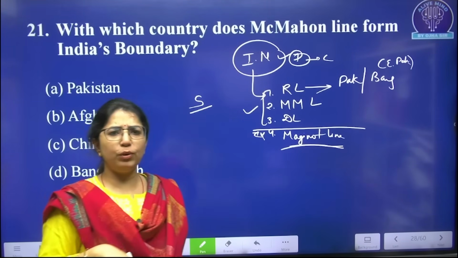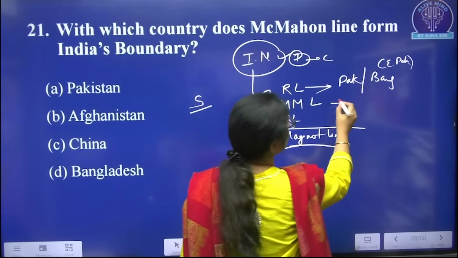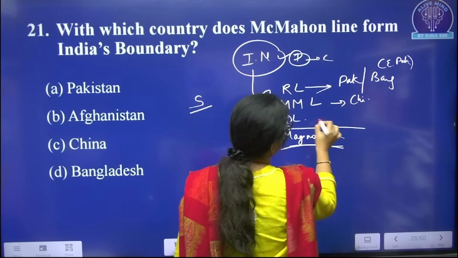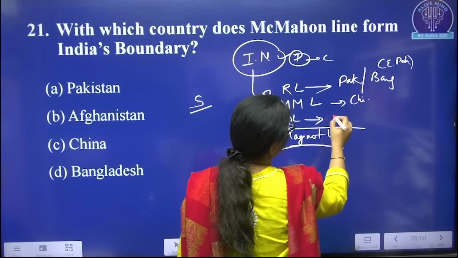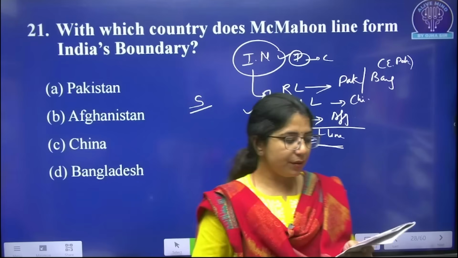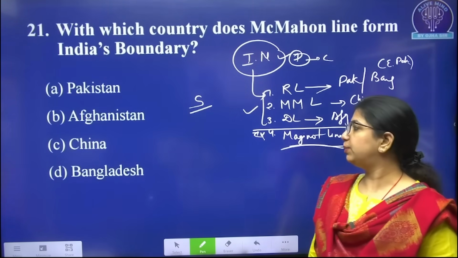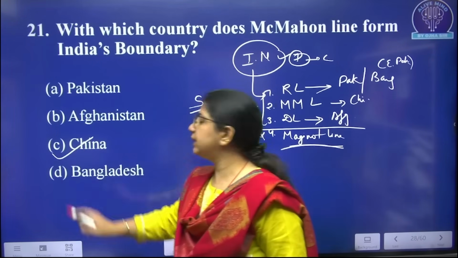Bangladesh before belonged to Eastern Pakistan. Okay? And then McMahon line, it is China. And Durand line, it is Afghanistan. So what they've asked here is, which country does McMahon line form India's boundary? It is China. The answer is C.